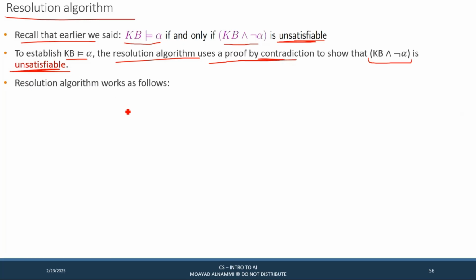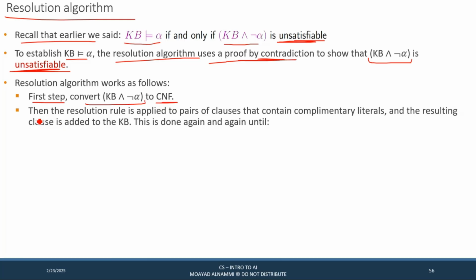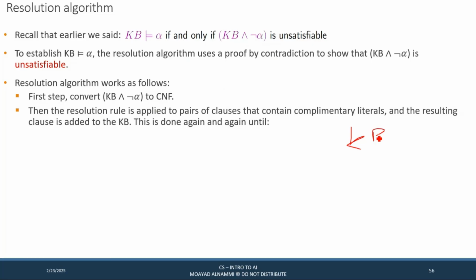The resolution algorithm works as follows. First step, convert your KB and not alpha to CNF. Then the resolution rule is applied to pairs of clauses that contain complementary literals. So remember, the way it works is this. Imagine you had a KB. This KB contains sentences. These sentences are in CNF.